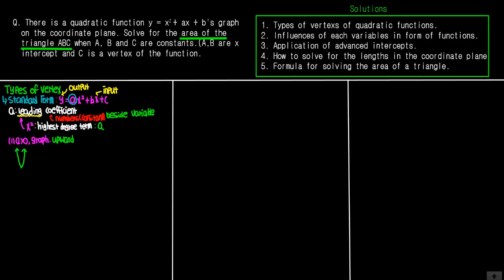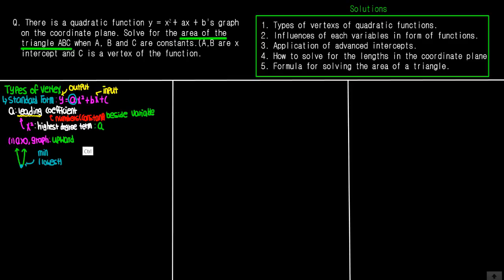Then it contains one most important point in the quadratic function, which we call the minimum point, or the lowest point. And this occurs when our a value is positive.